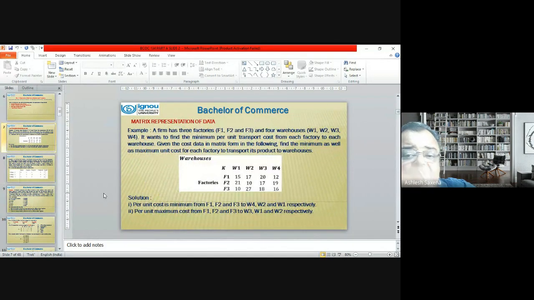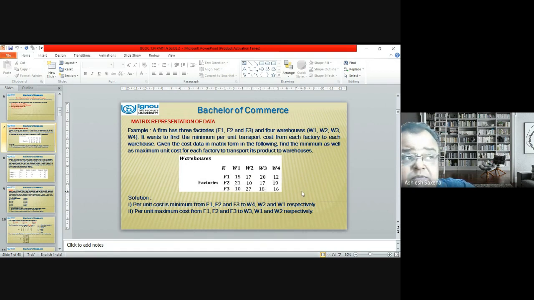We can find it simply by looking at the numbers, as from F1 to W1 it takes 15 rupees, from F1 to W2 it takes 17, from F1 to W3 20, F1 to W4 12. So you have to find the minimum number.